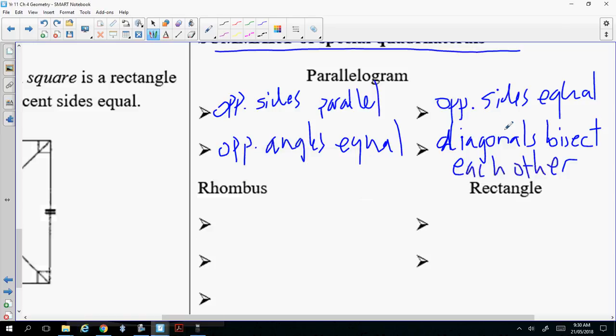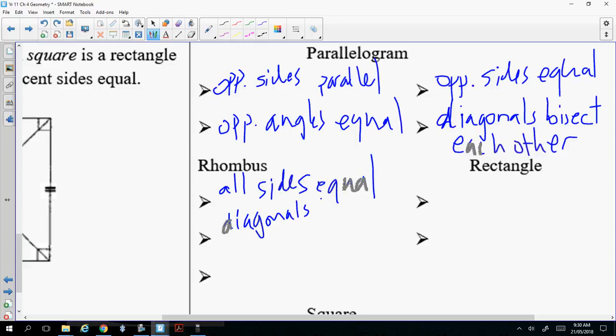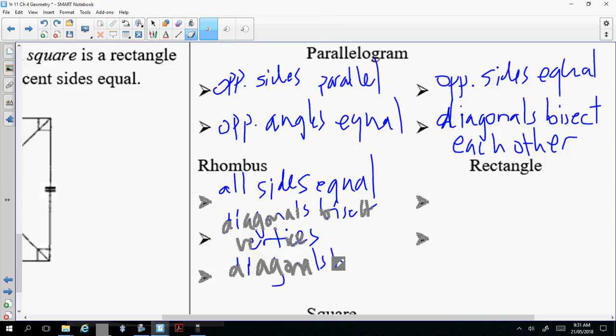And the three additional properties are all sides equal, diagonals bisect vertices, and also diagonals perpendicular to each other, or just say diagonals bisect at 90 degrees, like that.